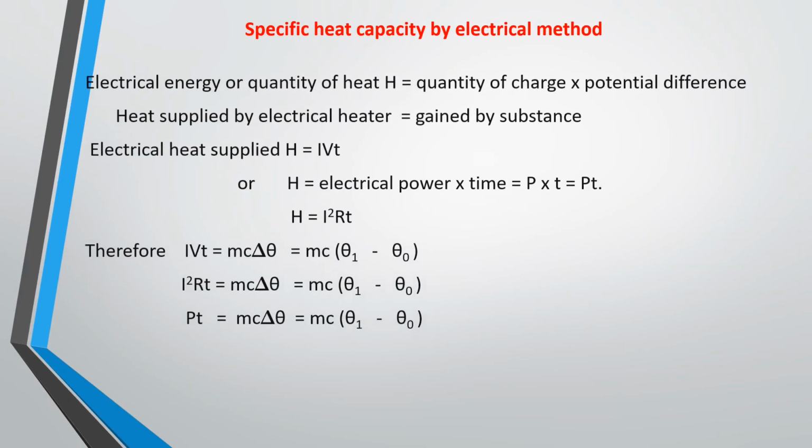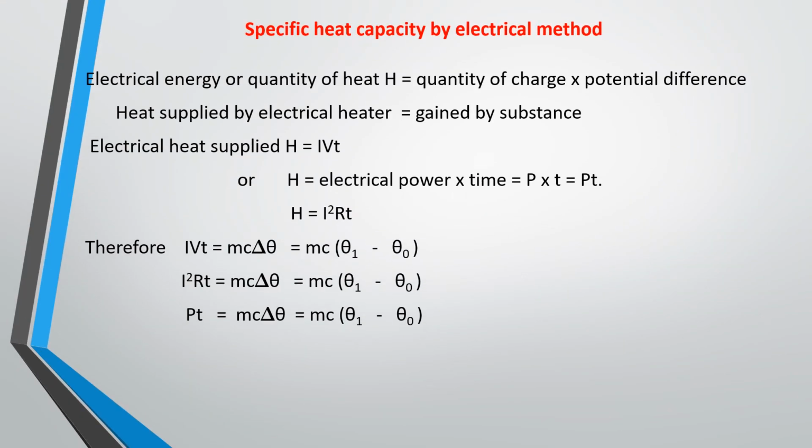Sometimes you can also use electrical means to get your quantity of heat generated. If you are using an electrical heater, the quantity of heat or heat energy from electricity is given by the quantity of current times the potential difference times the time taken.